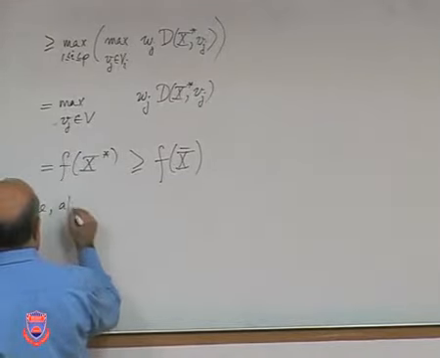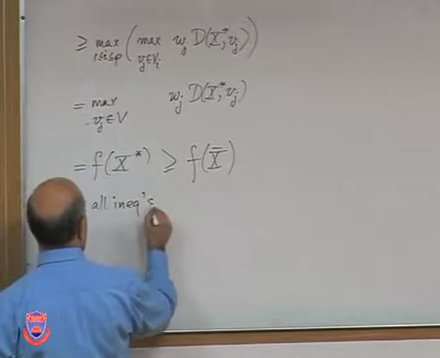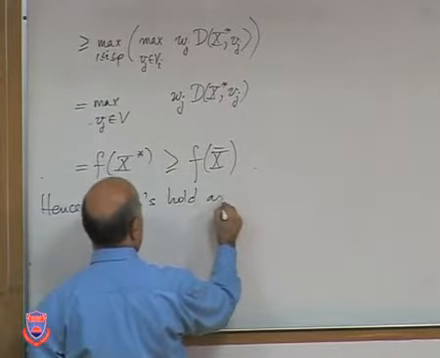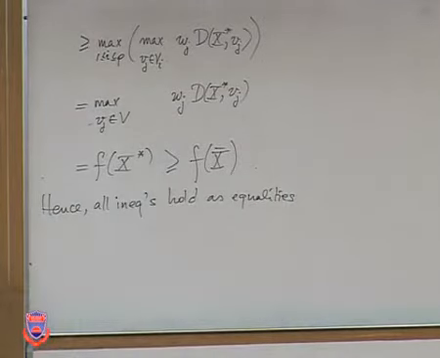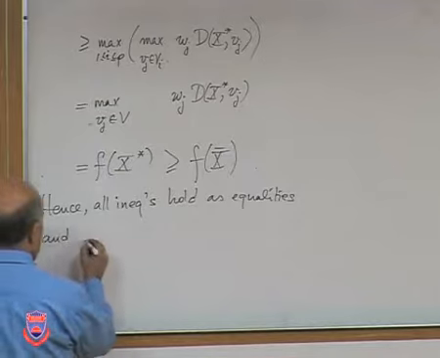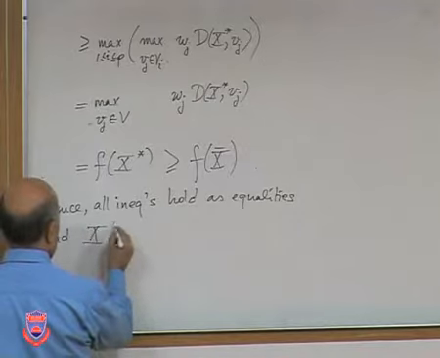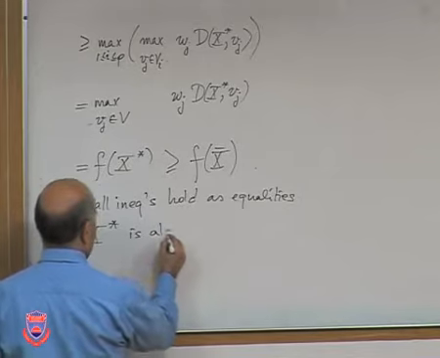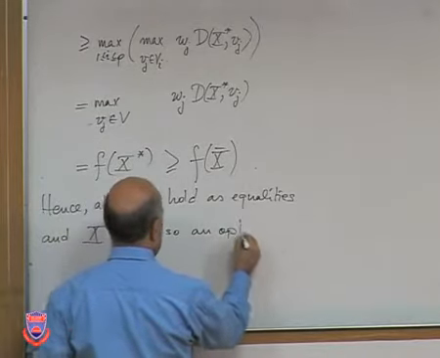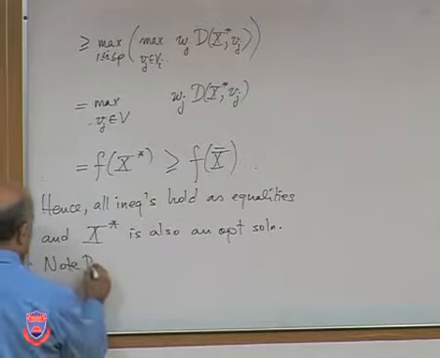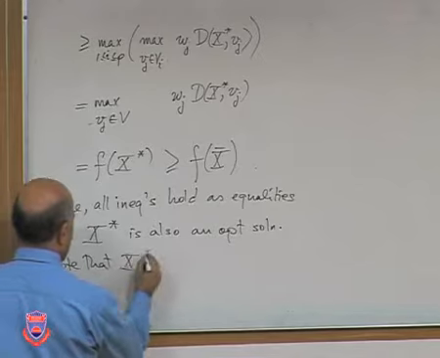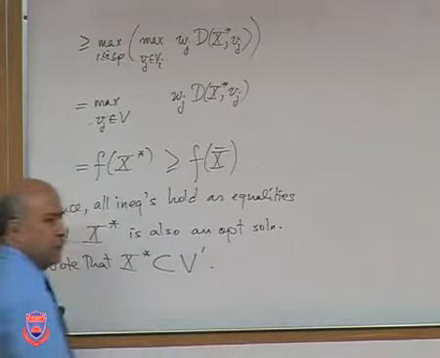Hence all inequalities hold as equalities, because we began with f of x bar and we ended up with f of x bar with all these inequalities, and accordingly x star is also an optimal solution. Note that, of course, x star is a subset of V prime.